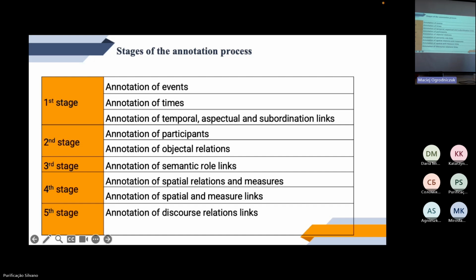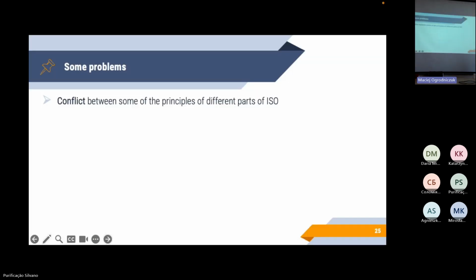Then we move on to the referential layer, where we annotate the participants and the objectal relations. Then we move on to semantic role labeling, then spatial information, and finally the annotation of discourse relations. We did these experiments where we measured the time that the annotators took following this procedure or doing everything at the same time, and it was more productive this way. So in our annotation scheme, we established these phases.